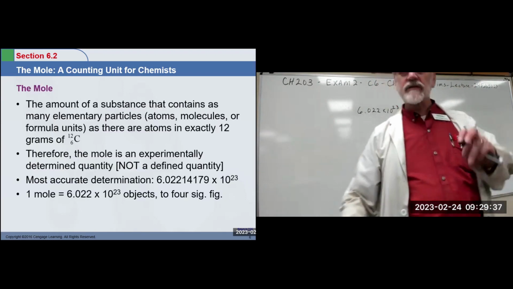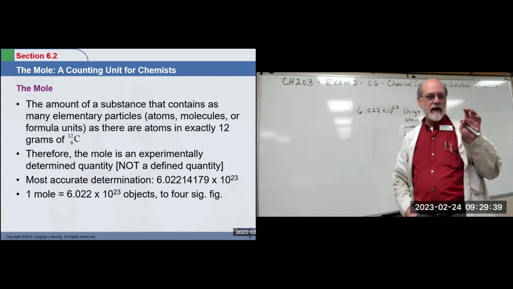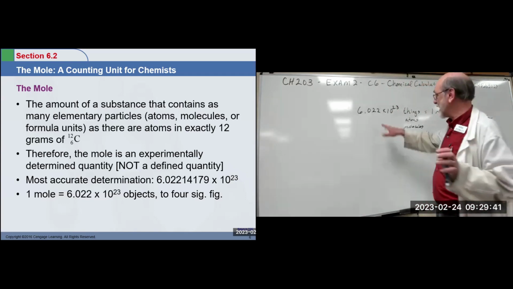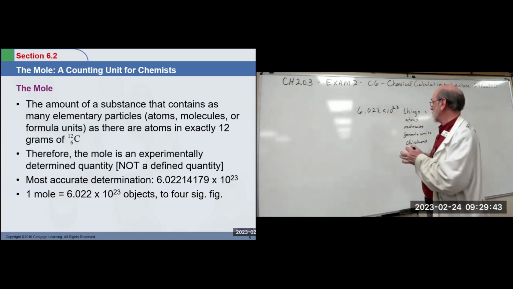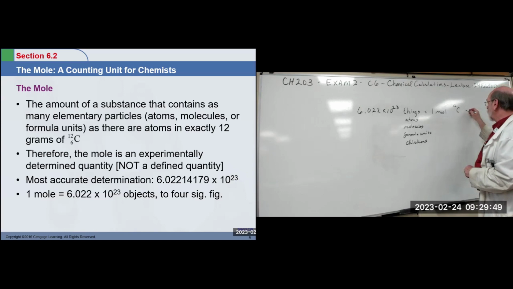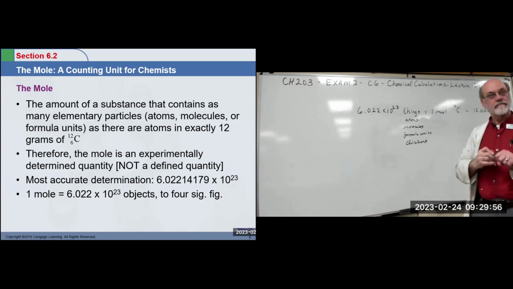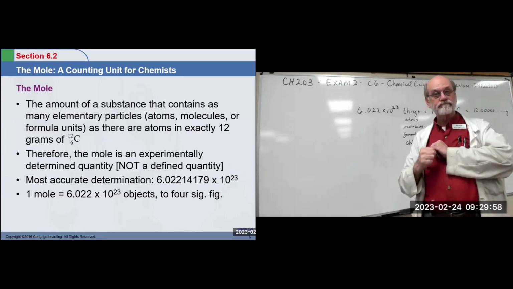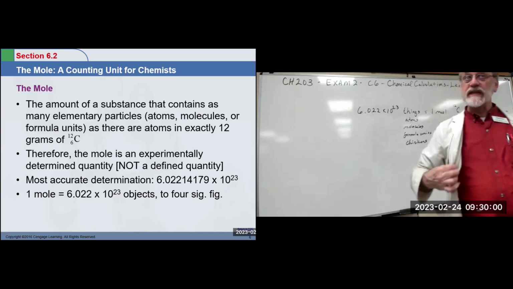Now, by definition, they're saying that if you have that many atoms, 1 mole of carbon-12, it will weigh exactly 12 grams. Okay. So that's convenient.